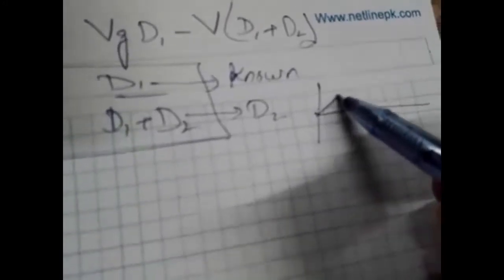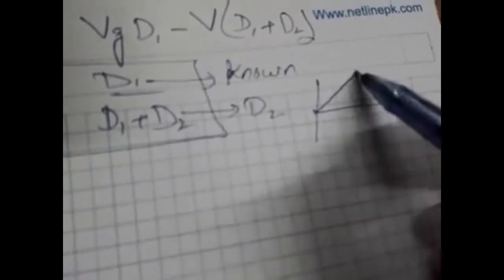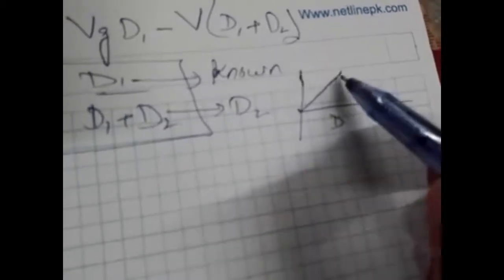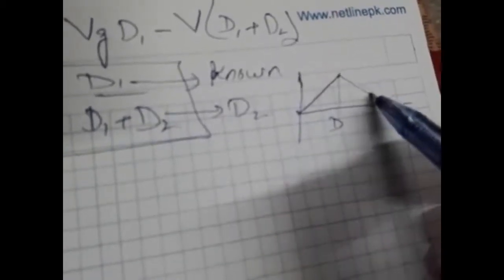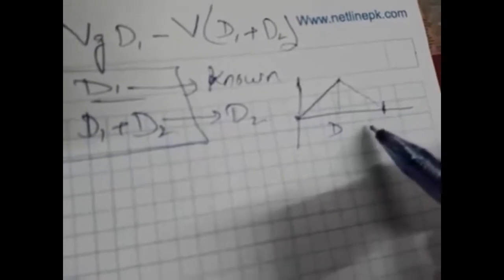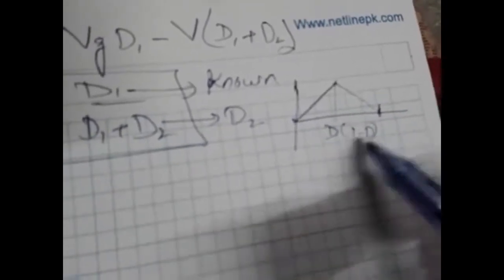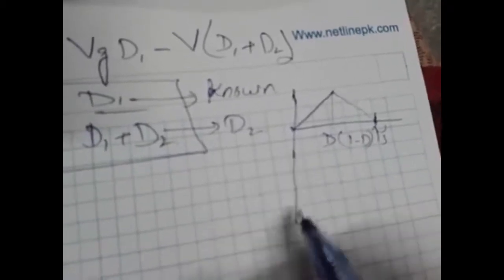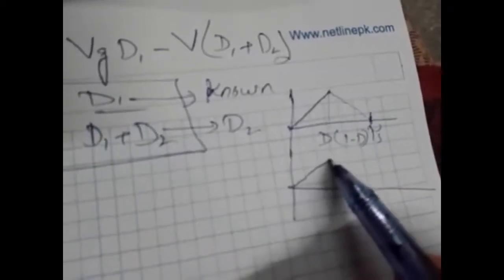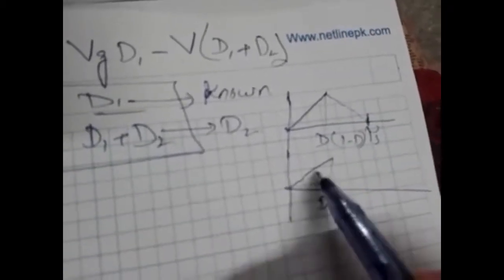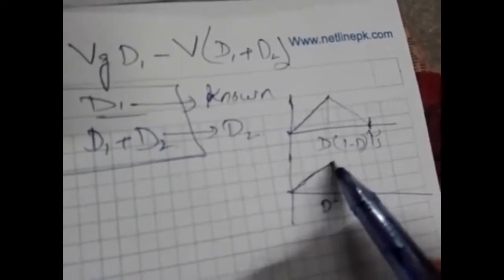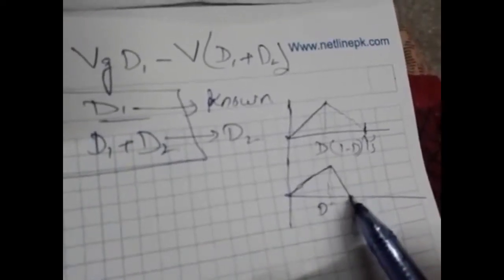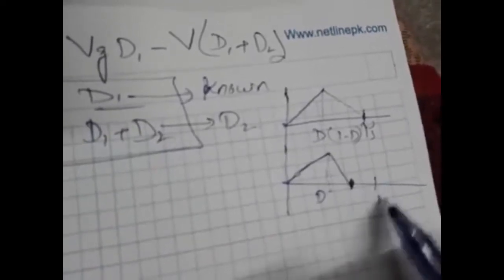I know that I give this much time for energizing, and I already know that in CCM in the other time, which is 1 minus D, the inductor fully de-energizes. But in DCM I give this much time for energizing the inductor, but don't know at which time it becomes fully de-energized. So I don't know this boundary condition.